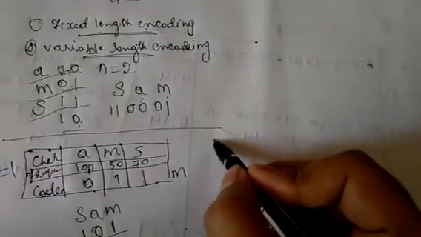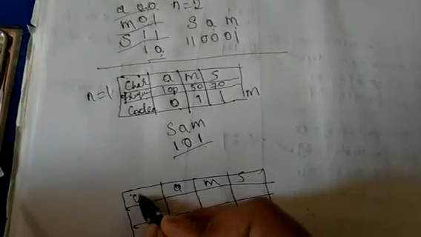You can have any length of code. Okay, see here, I'll just go with the variable length now. The same thing I'll take. This is A, this is M, and this is S.